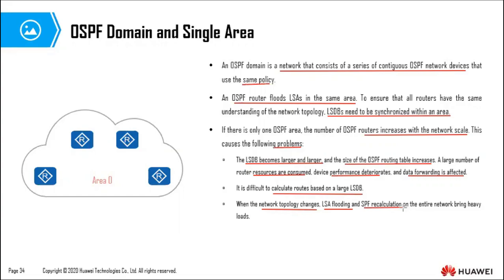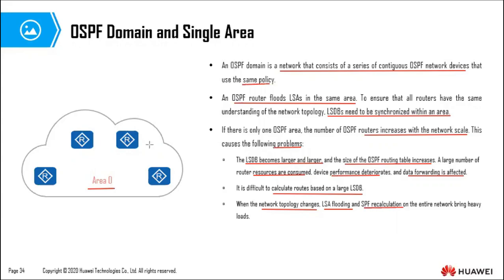So for this purpose, OSPF supports what we call multi-area, so that instead of adding all the routers in the same area, we now add other routers on other areas, so that we can reduce the size of the LSDB.